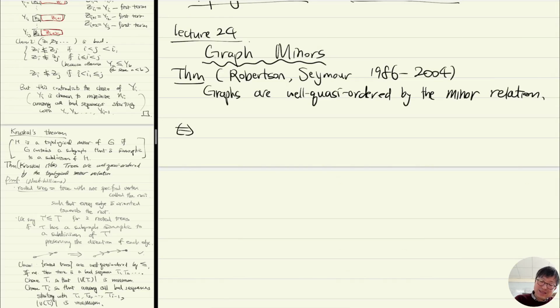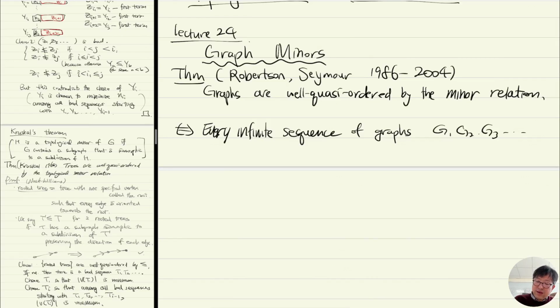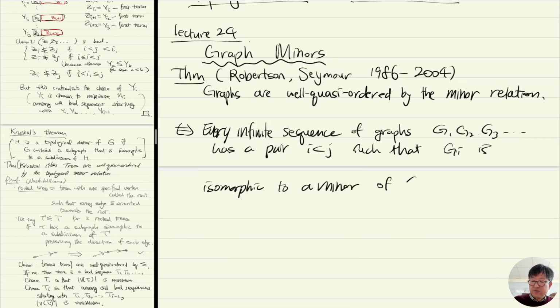right, by definition, that every infinite sequence of graphs, let's say G1, G2, G3, has a pair i less than or equal to j such that Gi is isomorphic to a minor of Gj, or graphs are well founded.